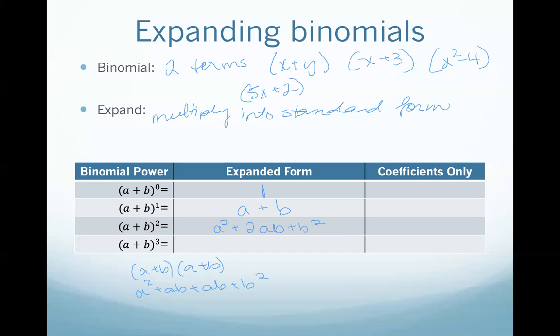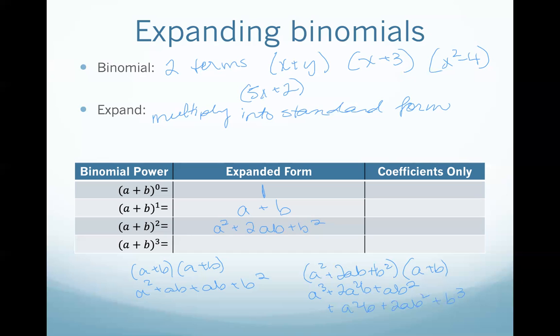And then if I take that to the third power, a plus b to the third power means I have to take my a squared plus 2ab plus b squared times a plus b. So distributing again, that's a cubed plus 2a squared b plus ab squared, and then times everything by b, so plus a squared b plus 2ab squared plus b cubed.